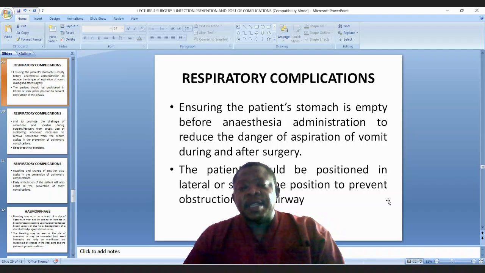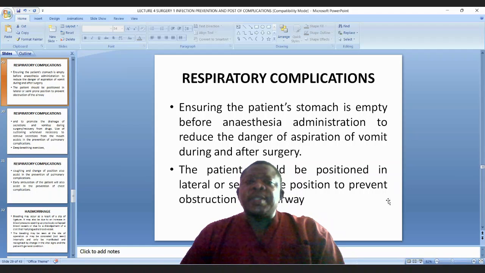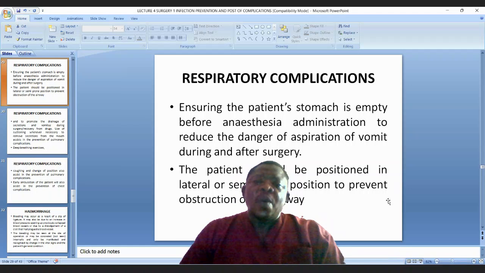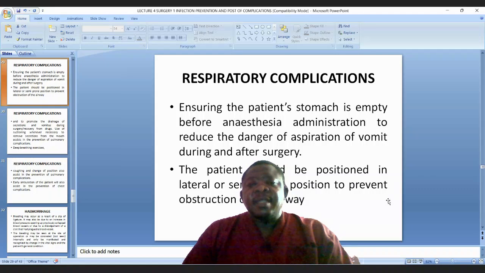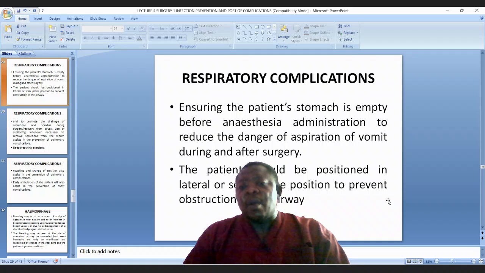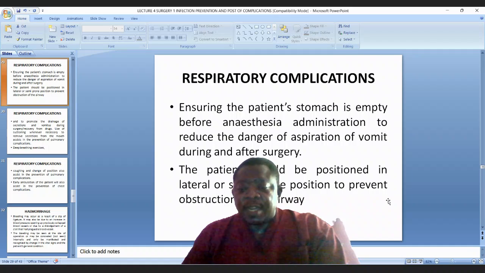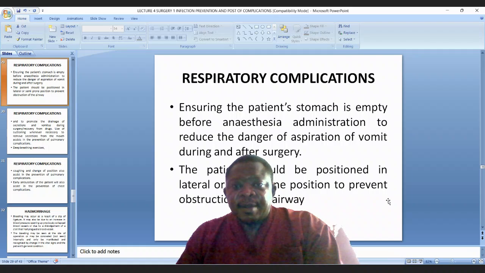The patient should be positioned in a lateral or semi-prone position as you collect them from theater. This is to prevent obstruction of the airway and to promote drainage, as patients come from theater and lie in the immediate postoperative care.